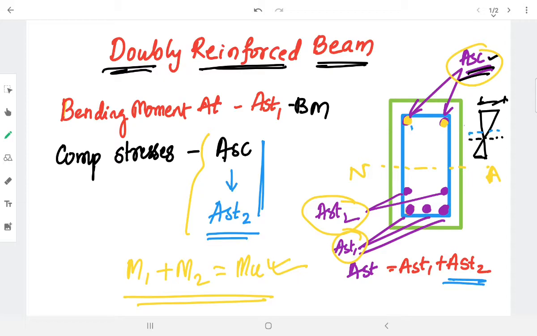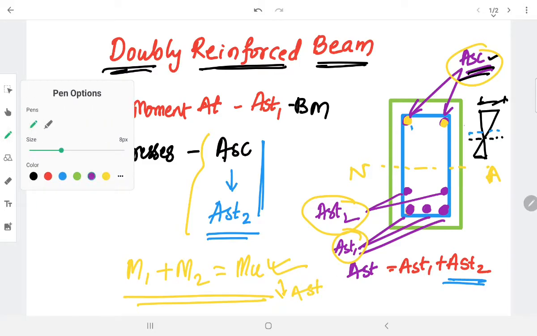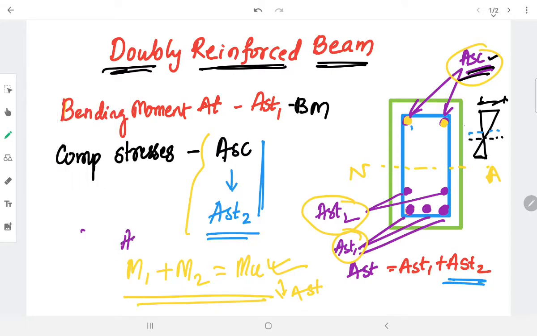Earlier it depended only on Ast, whereas here Mu depends on Ast1 and Ast2 or Asc. Using Ast1, Ast2 and Asc, I am going to find the value of Mu.